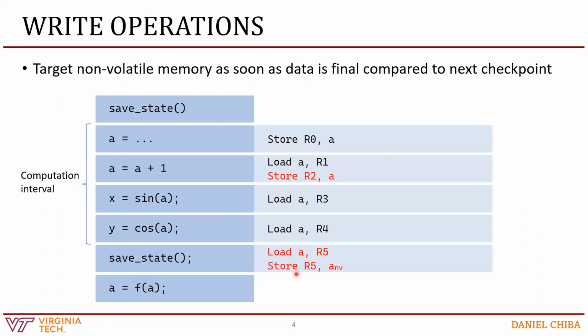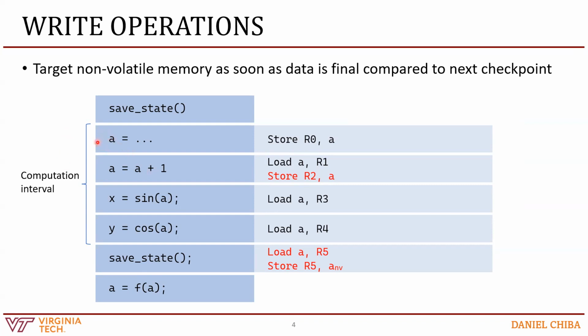Moving on, let's start with write operations. The principle for write operations is to target non-volatile memory as soon as data is final, compared to the next checkpoint. So if you look at the program here on this left-hand side, you have your computation interval, which is all of the computation that happens between two checkpoints, right?